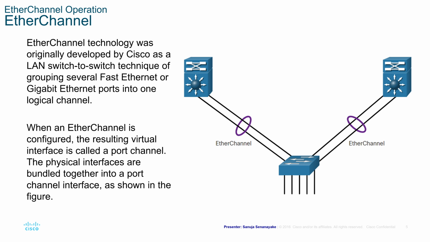So if you have an EtherChannel configured here, for example, and we have an EtherChannel here, as a result of combining these two links into one EtherChannel, that will be called a port channel, because now it is an EtherChannel. The physical interfaces are bundled together into a port channel interface, which is shown in this diagram here.